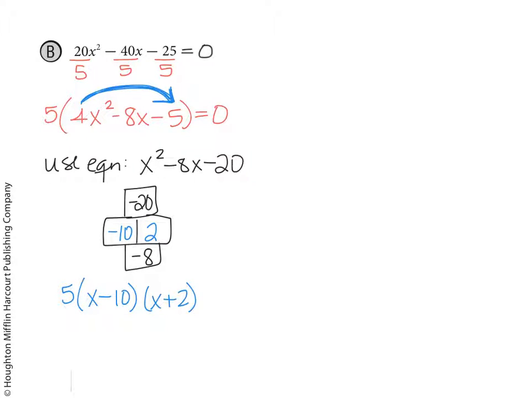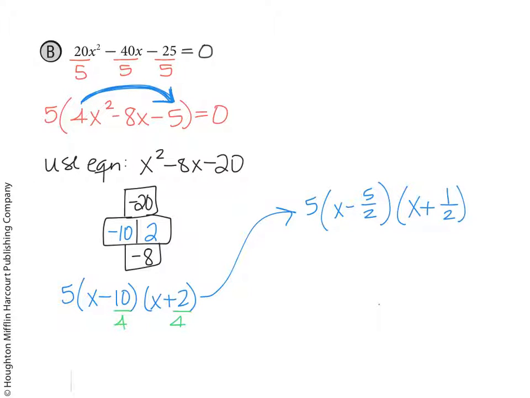Remember that 5 was just the slope. And this is the part that gets different because we moved the 4 to the end. It's got to make a circular path. So I've got to divide by the number I moved, which was 4. Do any type of division that you can. Those don't actually divide, but they do simplify. So I'm going to simplify 5 parentheses x minus 5 over 2, x plus 1 over 2.